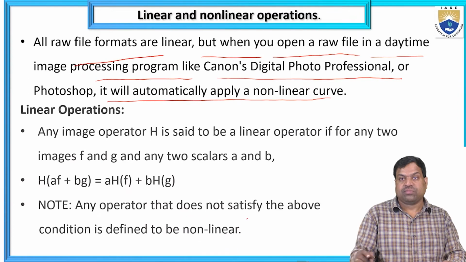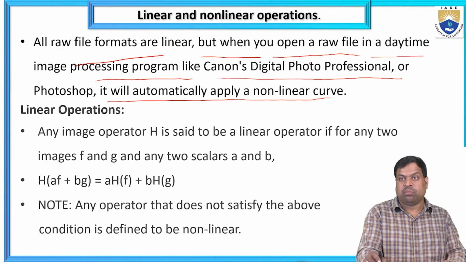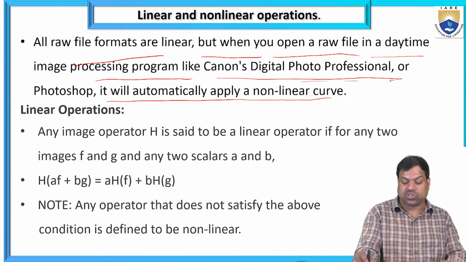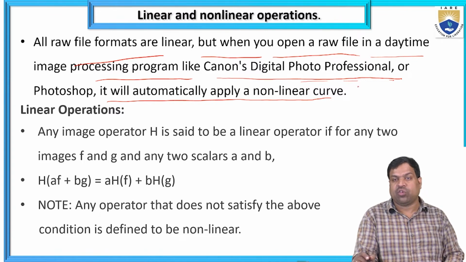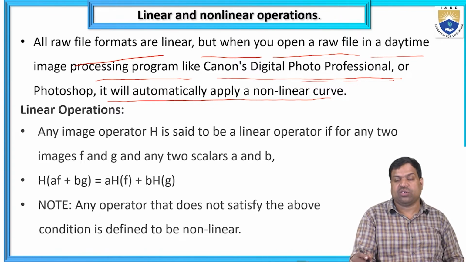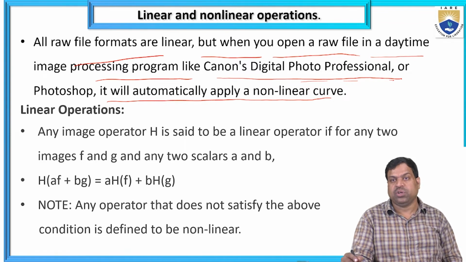A raw format is linear, but when you open a raw file in Digital Photo Professional or Photoshop, it automatically applies a non-linear curve. When we edit something from the original linear image, that is a non-linear curve.